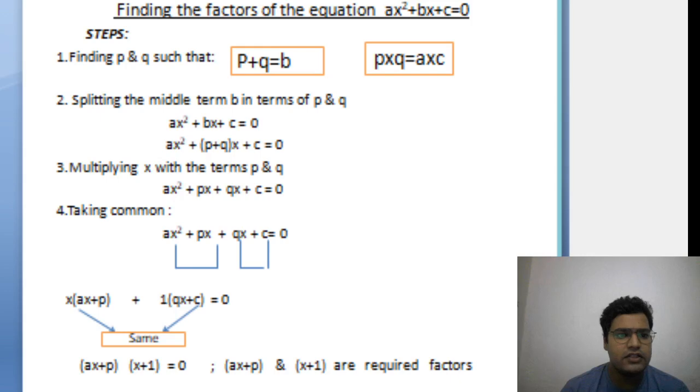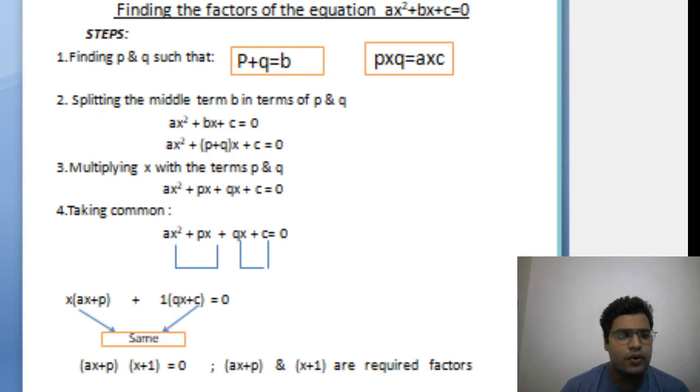In the first step we found that p plus q equals b. So b will be split into the sum of p and q, and the rest of the equation remains the same: ax square plus bracket of p plus q into x plus c equals 0.